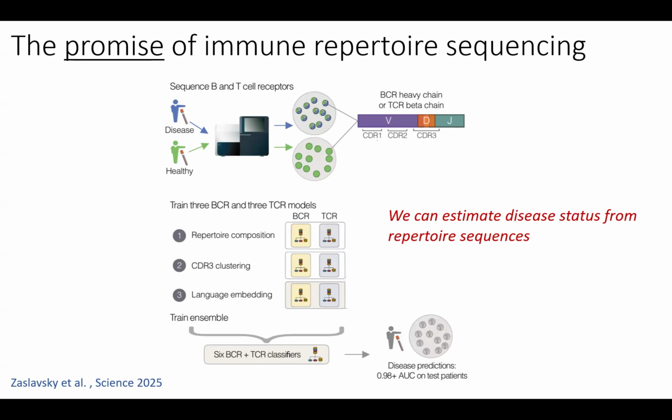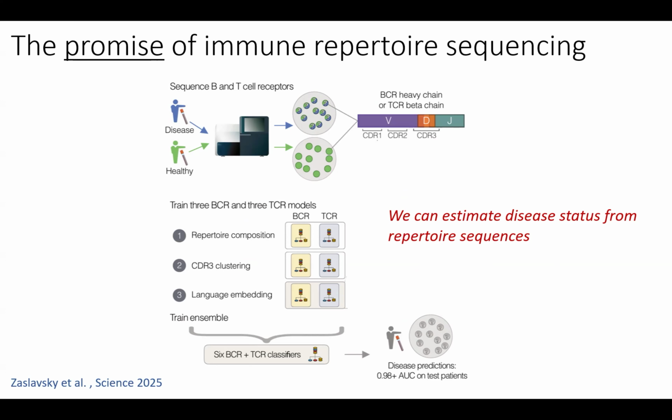More recently, there was this really cool paper from the Boyd and Kundra labs which essentially said, let's take a bunch of B cell receptor sequencing repertoires and T cell receptor sequencing repertoires. They built three kinds of models, one based just on clonal characteristics, one based on CDR3 sequences, and one based on language models fitted on individual pieces of the V genes, or fitted for each V gene.